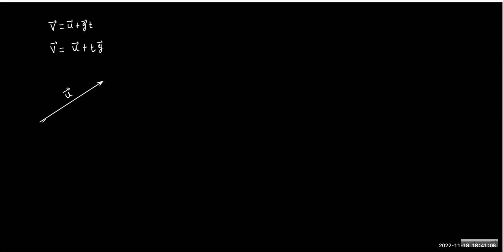So what is the animation telling you in your brain? If I say this initial angle is theta, as time passes, theta will? Tell me, guys, what will happen to theta? Increase.